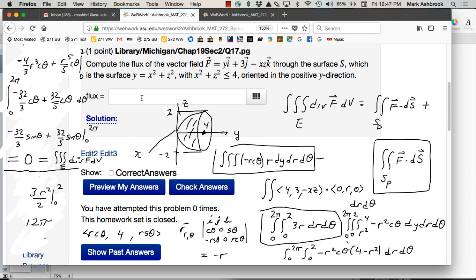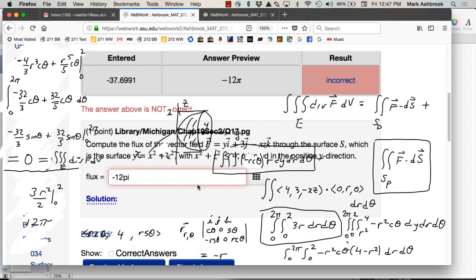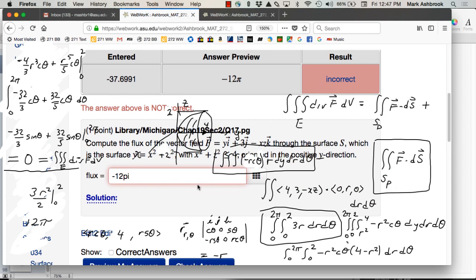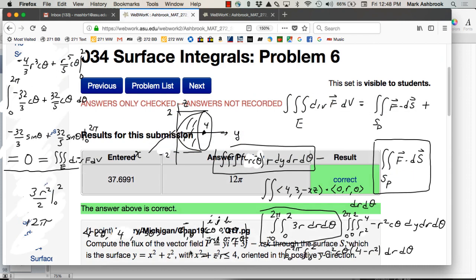I don't know. So we think it's minus 12 pi? Let's just try positive to see if we're in the ballpark. Okay, so somehow it's positive 12 pi.